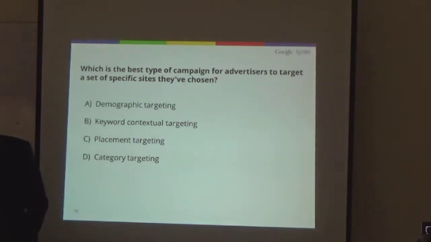Or D, category? Now read the question again. Best type of campaign for advertisers to target a set of specific sites they choose. They choose their own sites. So remember the keyword: the advertisers choose the sites. What does it mean?